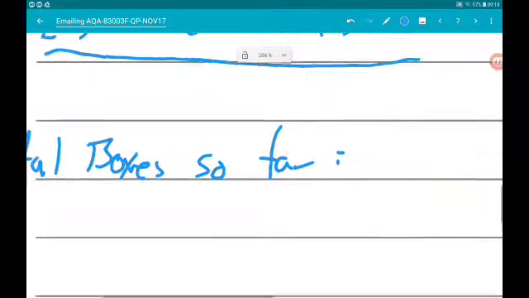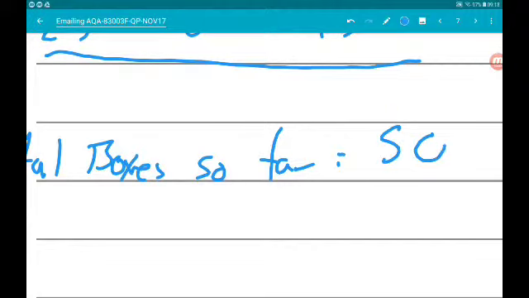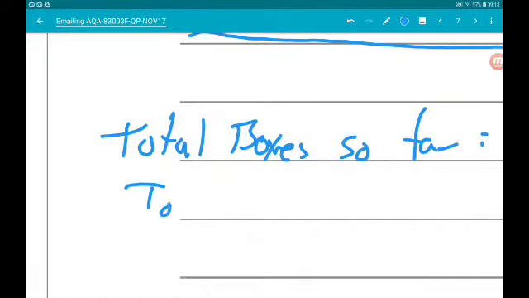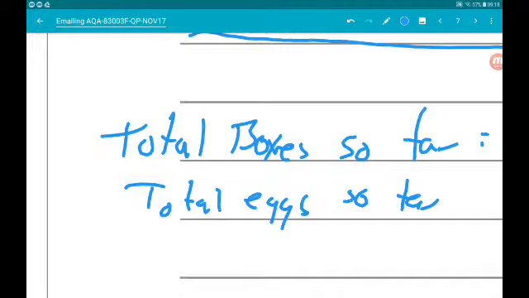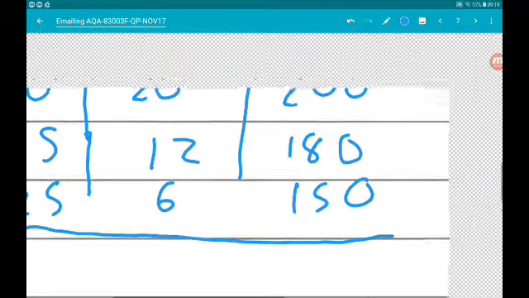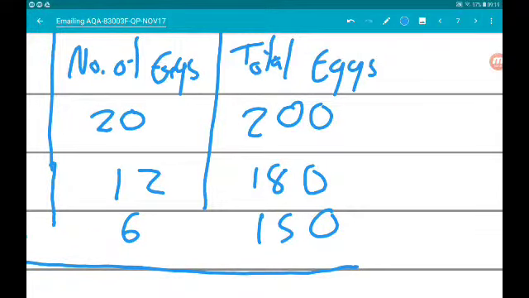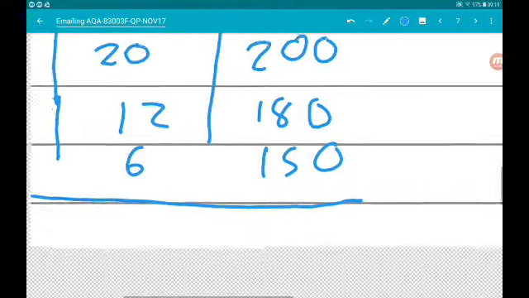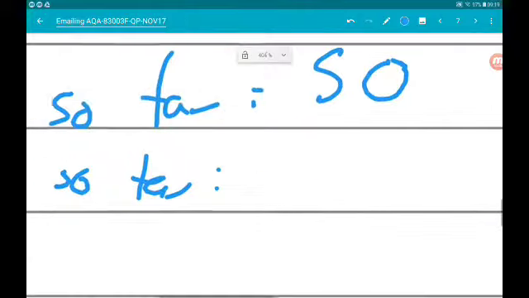So far he's used 50 boxes, and total eggs so far is 200, and 180 is 380, and 150 is 530.